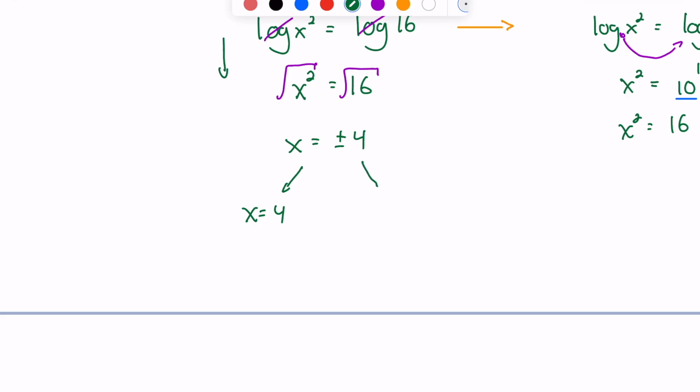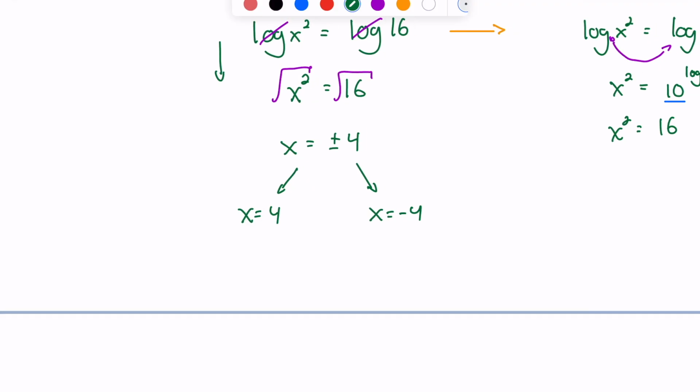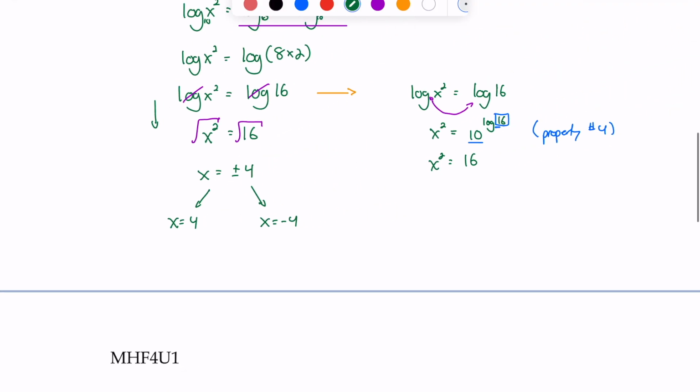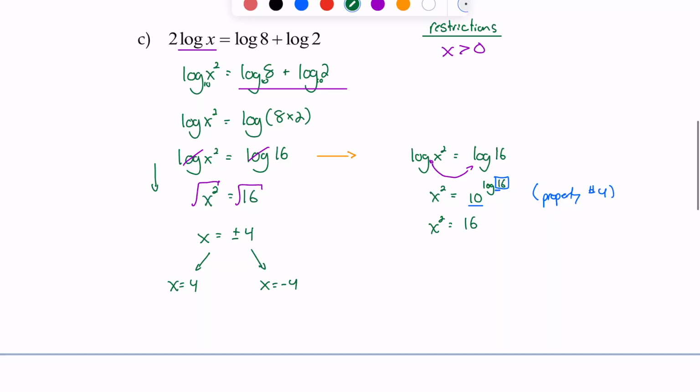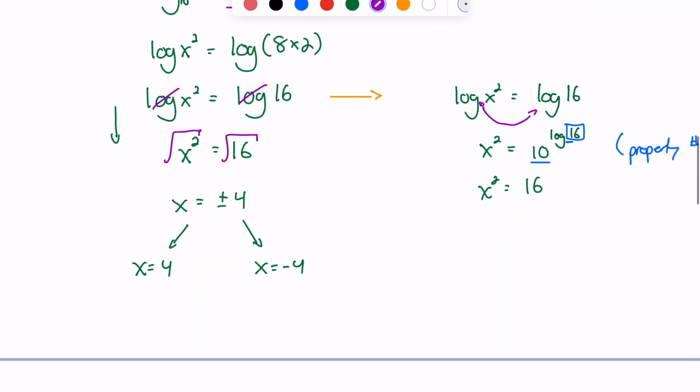And you have another scenario where you have to check, does negative 4 work? So then go back up to your restriction. And in this case, we said x has to be bigger than 0. So that means this right here is not valid. And we only have a single solution to our problem.